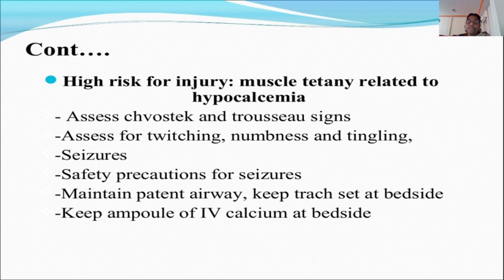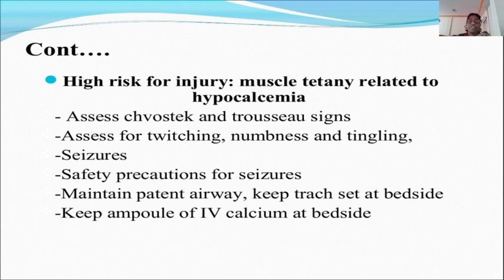Okay, keep a tracheostomy set at the bedside. Keep an ampoule of intravenous calcium at bedside. Calcium gluconate is an emergency drug, because the person is having low calcium levels and high phosphorus levels. This is about high risk for injury, that is muscle tetany related to hypocalcemia.